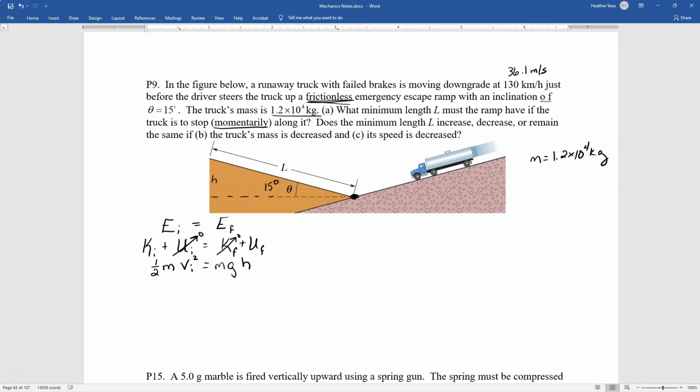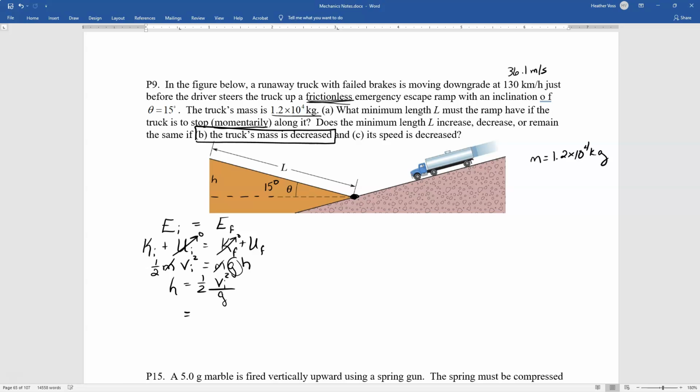So here I'm going to realize, what could I just do with that mass? That should red light us for something right here. What happens if we change the mass of the truck? Notice I just canceled it out. So that means the height that the ramp has to go is going to be 1/2 the initial velocity squared over g, because I divide by this g right here.